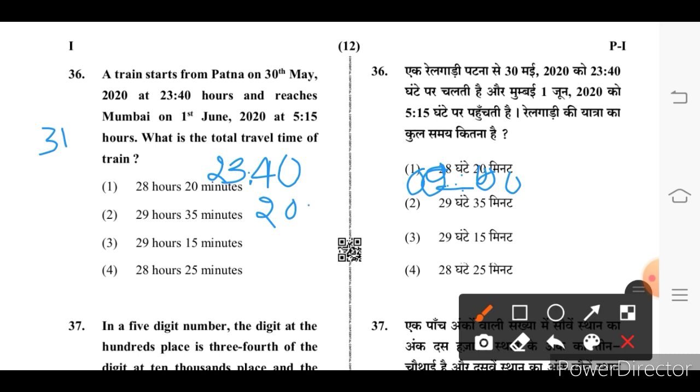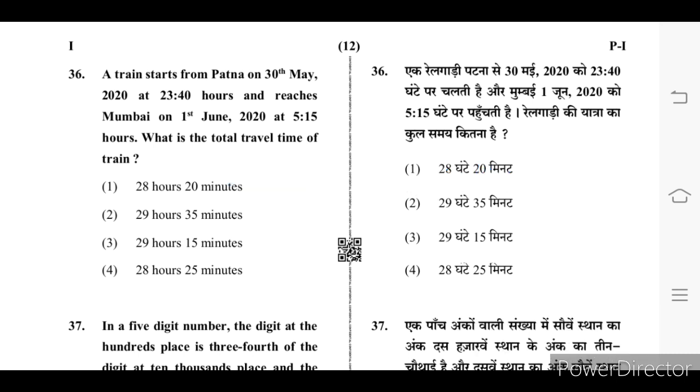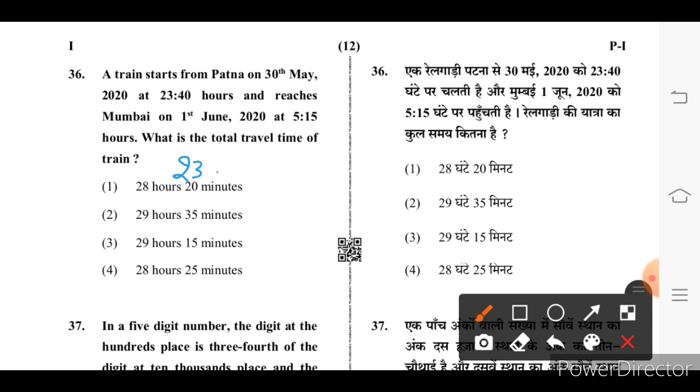So first 20 minutes. When we add 20, what is the time now? Then that became 00, that means 24, midnight.